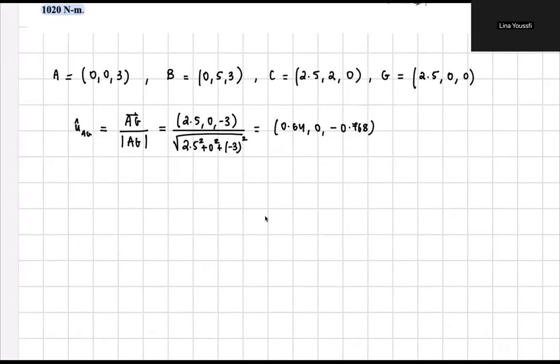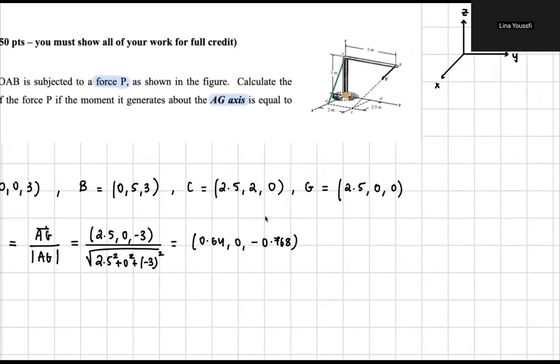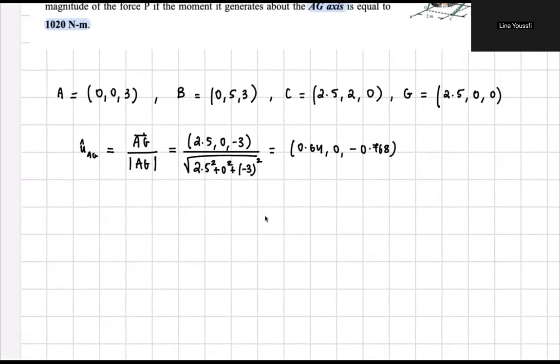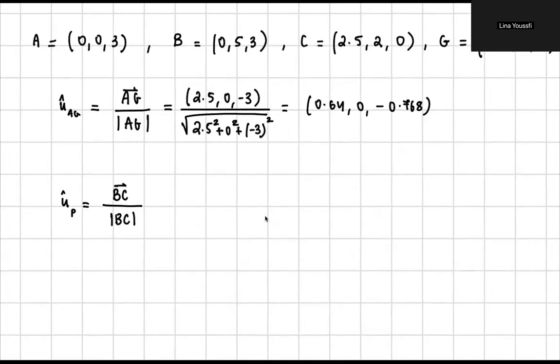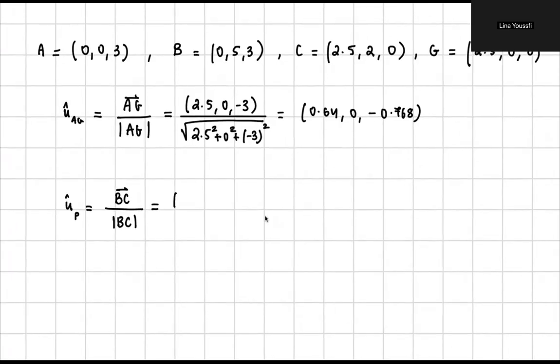Now we're gonna find the force direction along BC. So that's this one. Here we're solving for the unit vector P, so we do BC divided by the magnitude of BC. For BC, that's 2.5 minus 0, so 2.5.